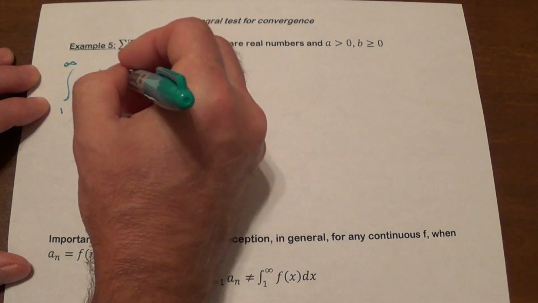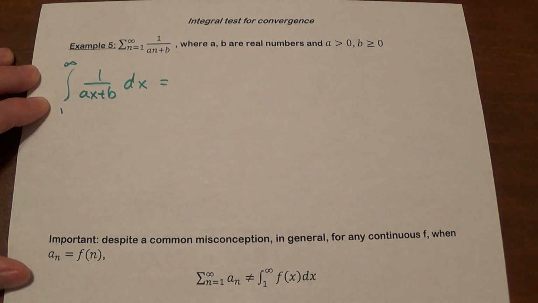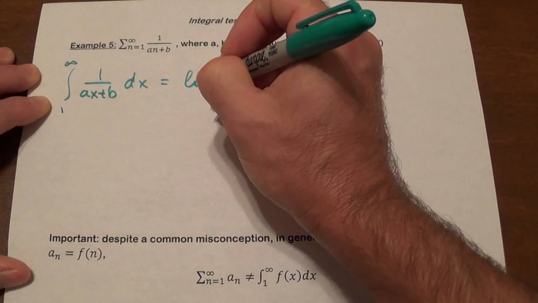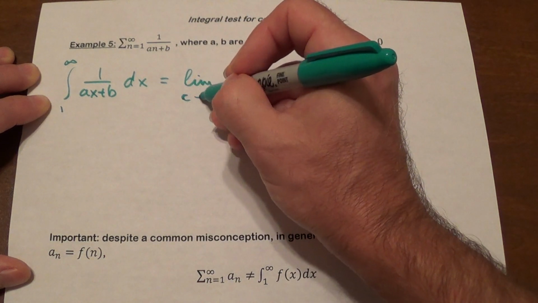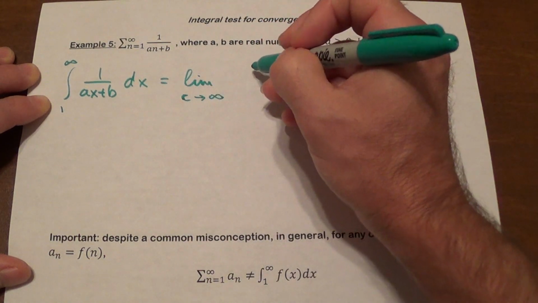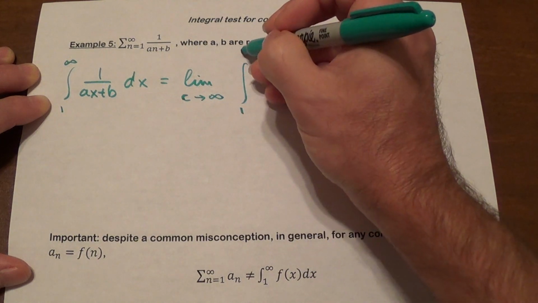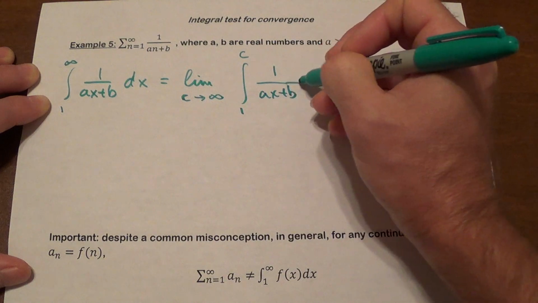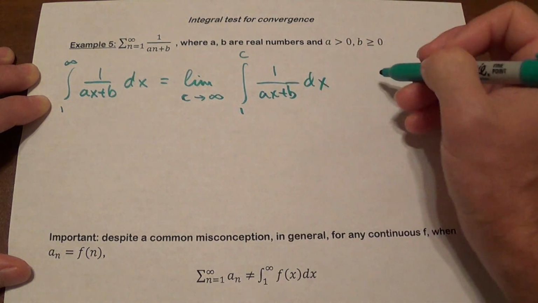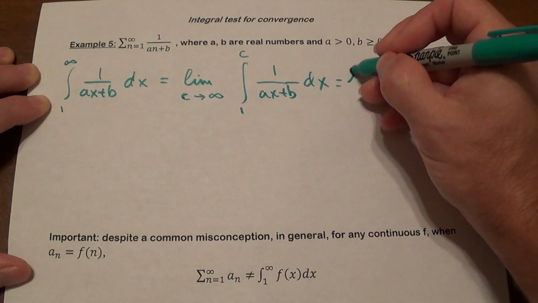dx, which is going to equal, right, we're going to have to use the limit now. I can't use a and b, so I'm just going to use c here. Okay, so it's the integral from 1 to c of 1 over ax plus b dx. I hope you can recognize it's a fairly simple one to do.